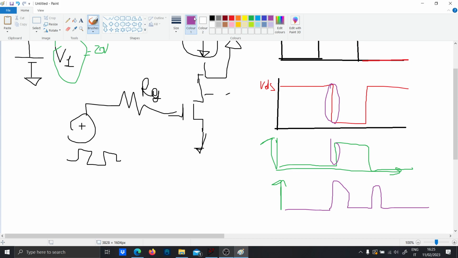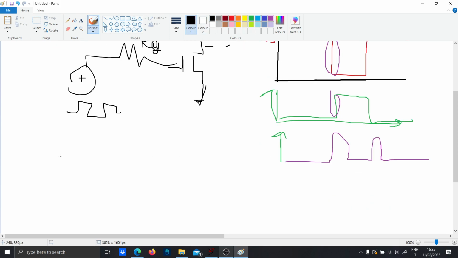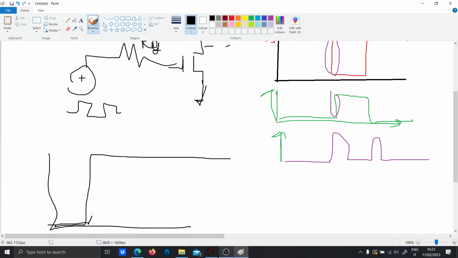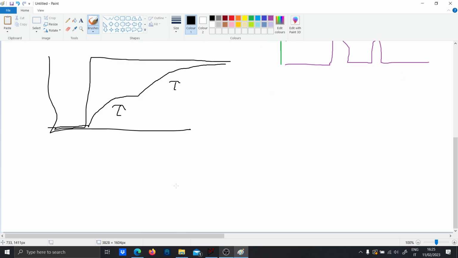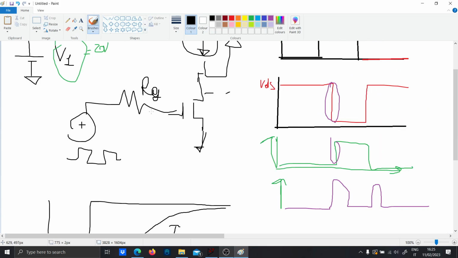Now, what we want to analyze today is how this curve is going to charge. It won't be something like this, but something like this instead, with two different taus. Because if you watched my videos, I explained how the parasitic capacitance of this MOSFET varies with respect to the applied voltage.